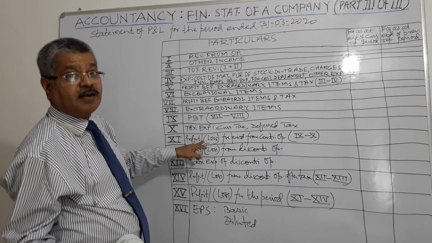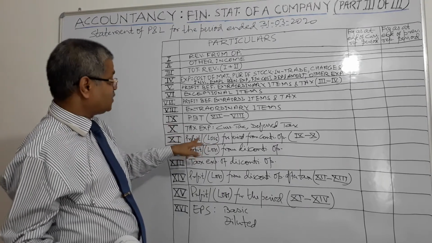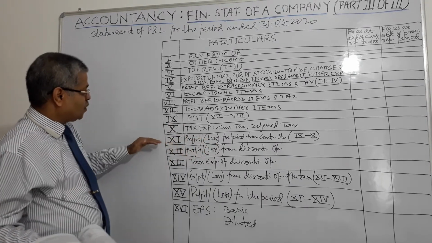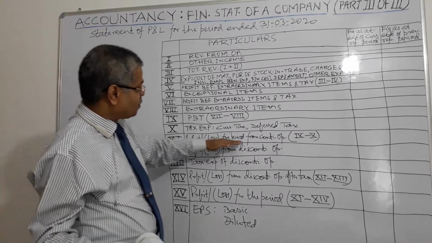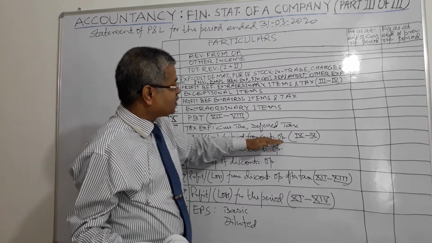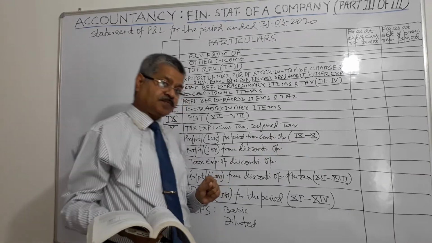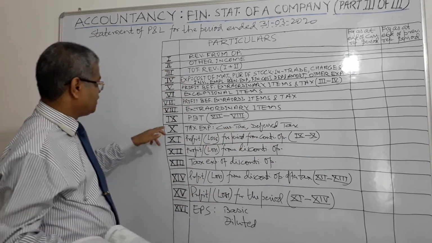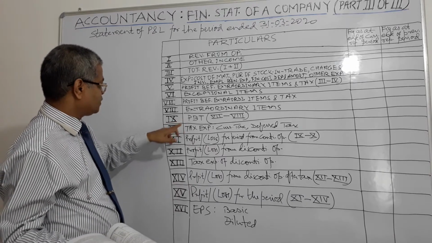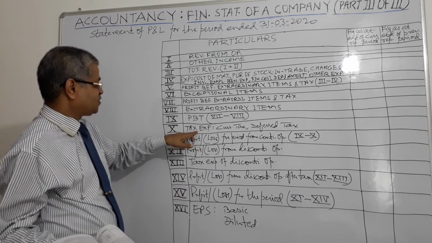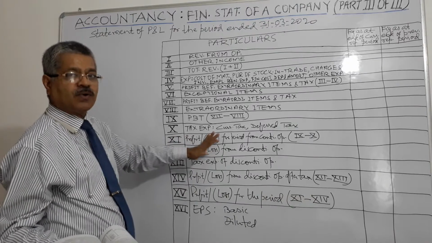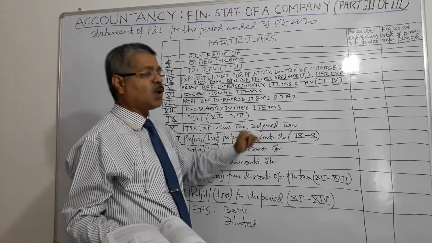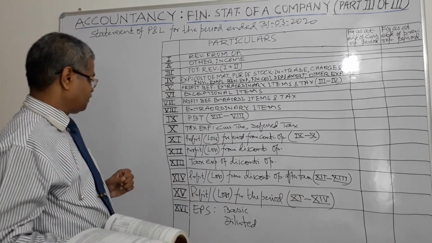Loss we need to write under brackets. Profit or loss for period from continuing operations, right? 9 minus 10 means PBT minus tax expenses is equal to profit or loss for the period from continuing operations.